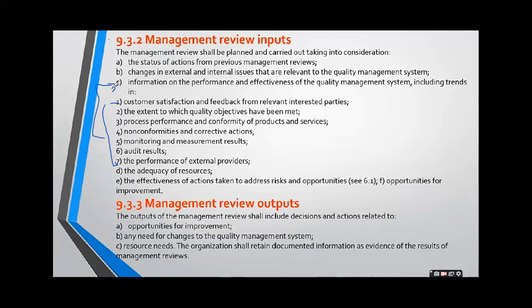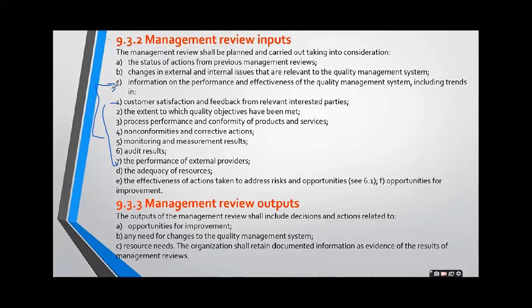You will assess how effectively the processes are performing, whether the products and services are meeting the specification. Non-conformities and corrective actions is the next one, where you will analyze the issues that are identified and how effectively they were addressed.